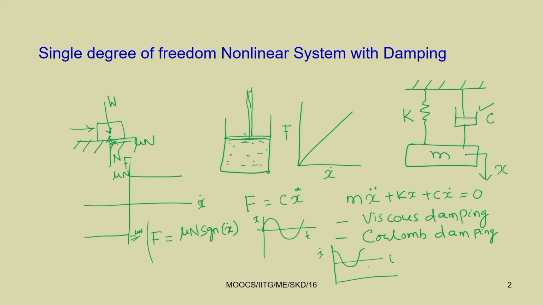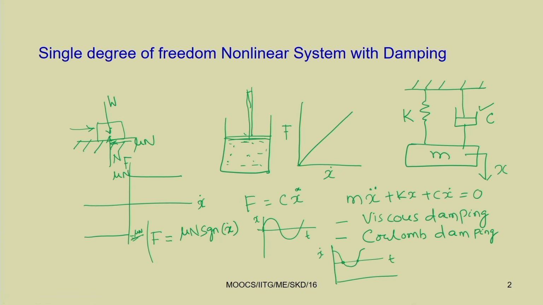In a particular cycle, the velocity changes from positive to negative and also from negative to positive, so it changes its sign twice. During this time, the force will be changing from minus mu N to plus mu N. Due to this change, the system is not linear, it is a nonlinear system.